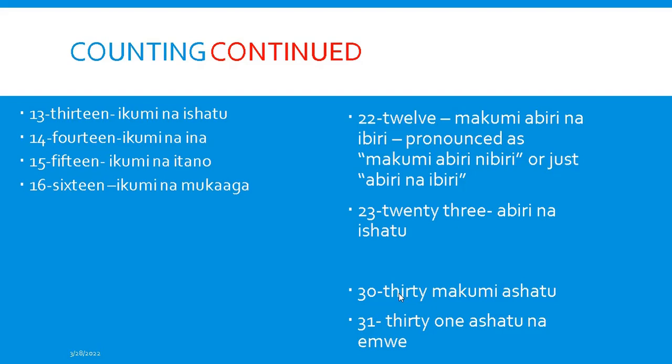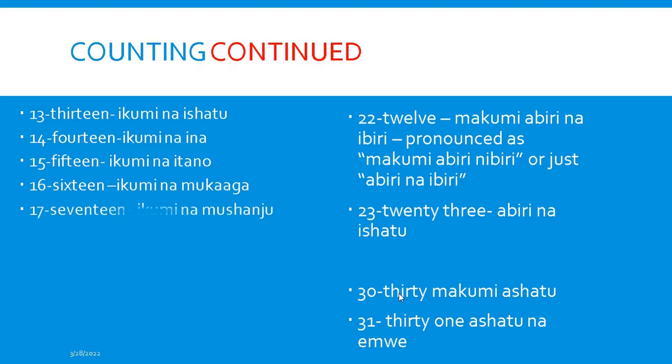16, ikumi na mukaga. So if you can notice, we are combining. We are saying ikumi, then we add na, then we add the corresponding number from 1 up to 9.